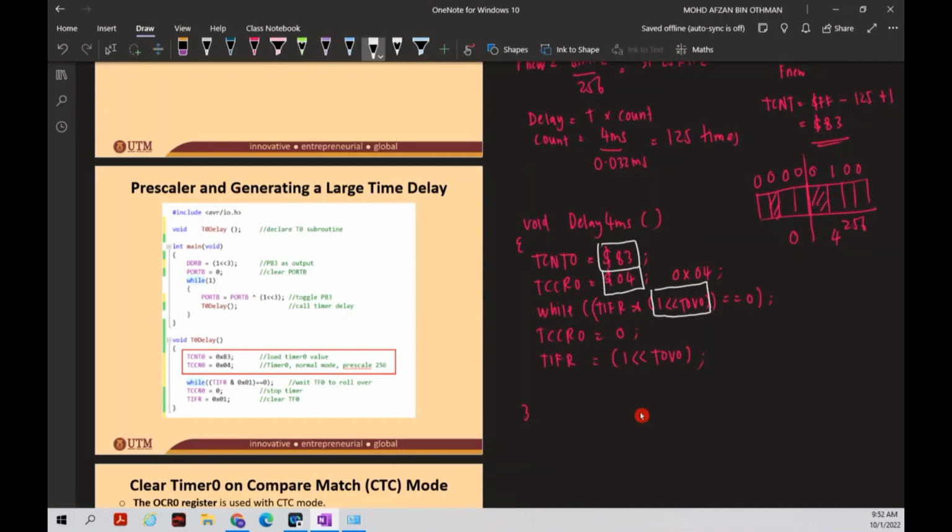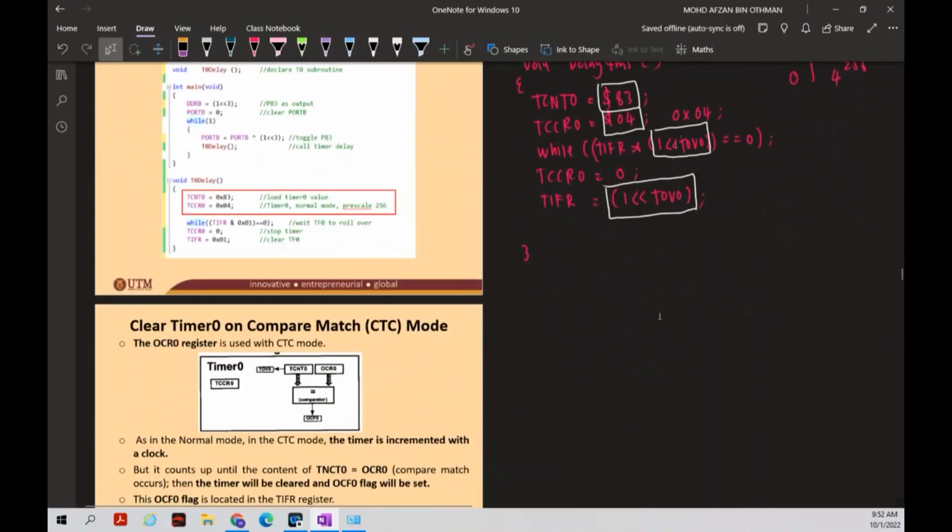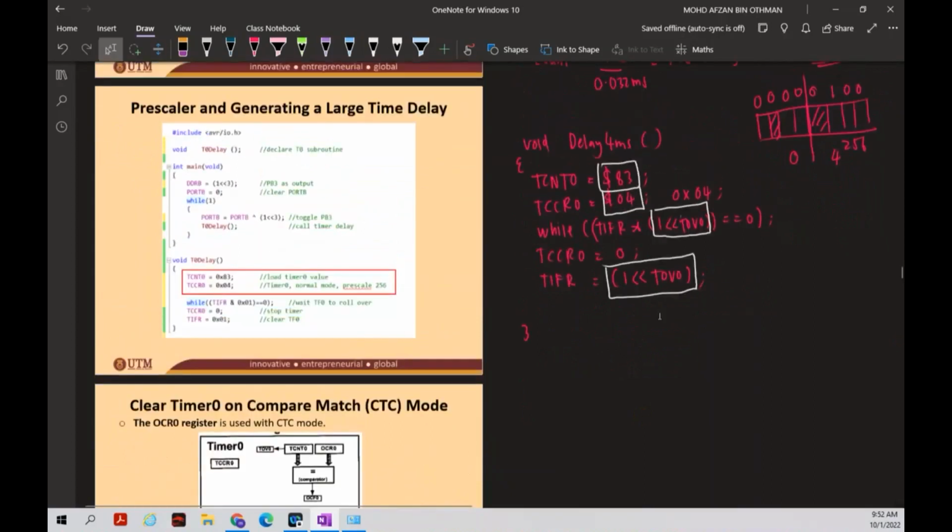Step number 4 is always the same. Only these 4 locations need to change according to the question. The rest, just follow the steps given in the earlier class. So that is for the normal mode. Any question up until here?